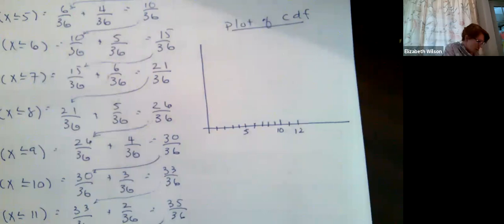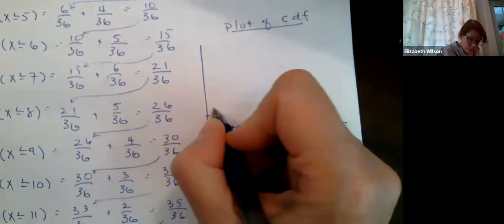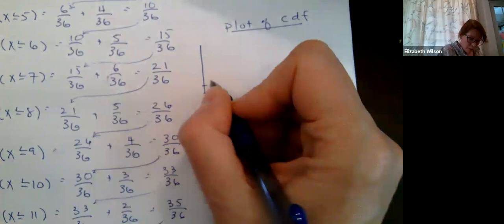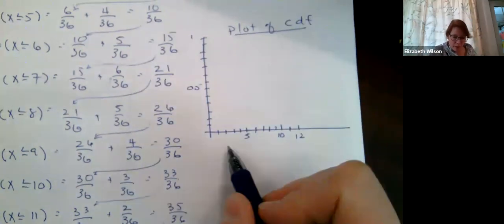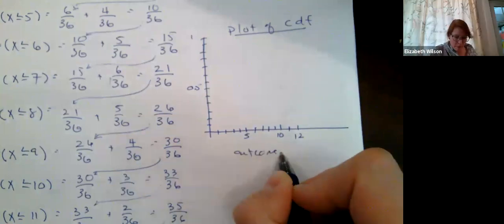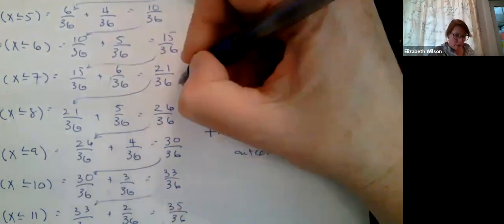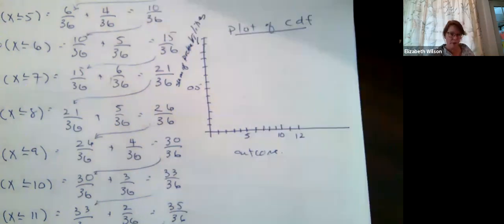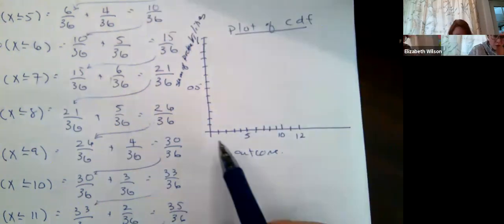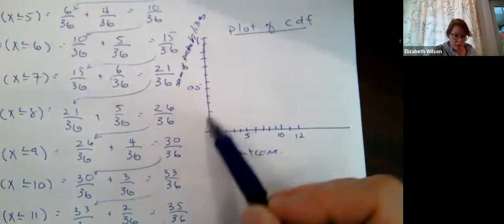So here's about roughly 0.5, and then this should be 1. Now this is our possible outcome, and this is the sum of our probabilities. In terms of our x-axis, our possible outcome, we're accumulating probabilities as we go.